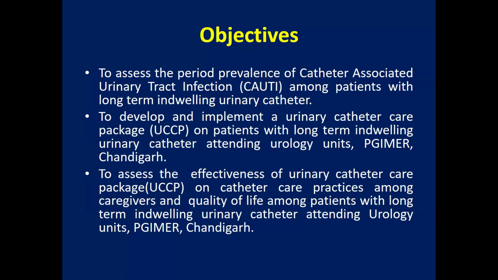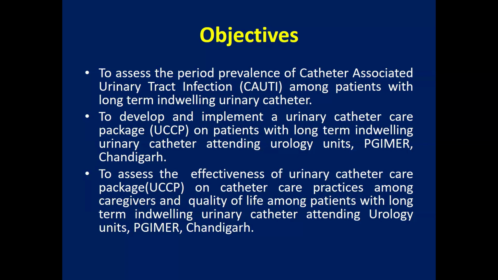And number 3, to assess the effectiveness of this package on catheter care practices among caregivers and quality of life among patients with long-term indwelling urinary catheter attending urology units, PGIMER Chandigarh.